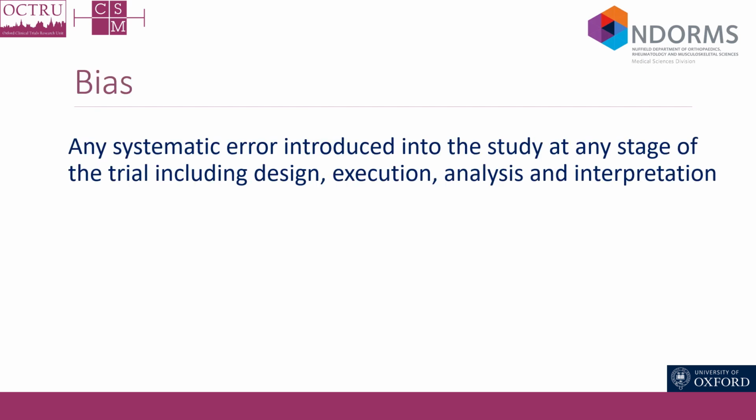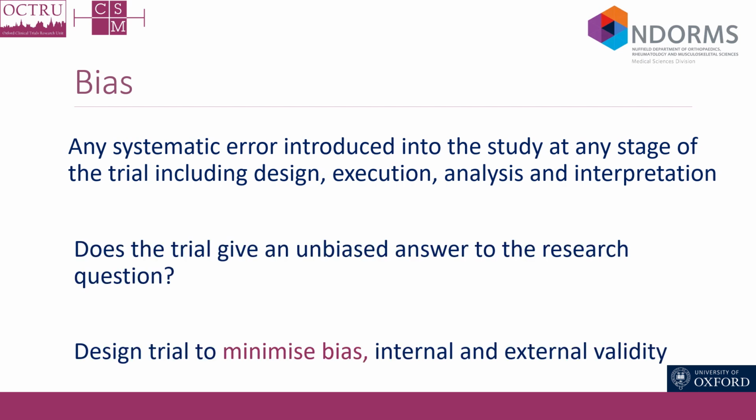We refer to bias as any systematic error introduced into the study at any stage, could be at the design, the execution of the trial, as we analyze or when we interpret the results. So the key question to ask is, does our trial give an unbiased answer to the research question?